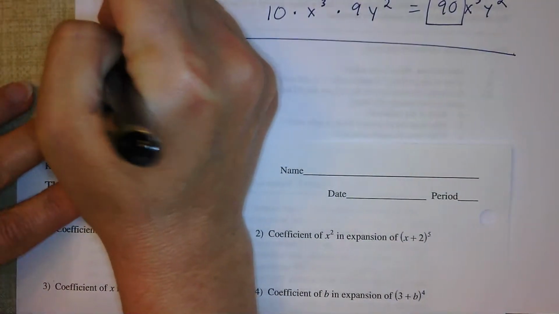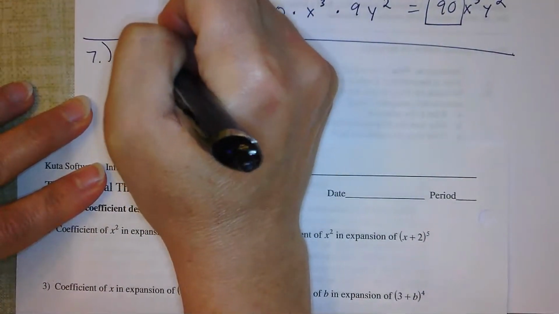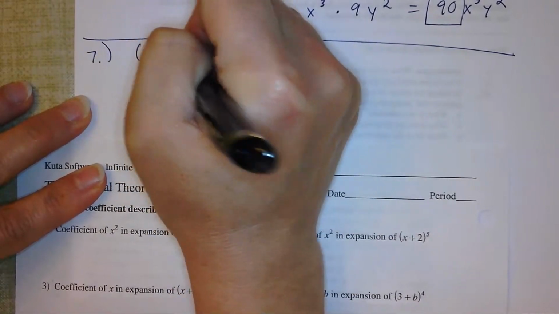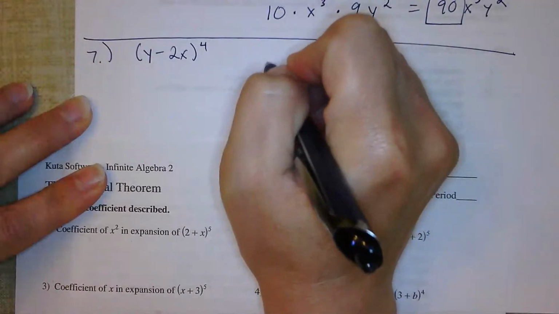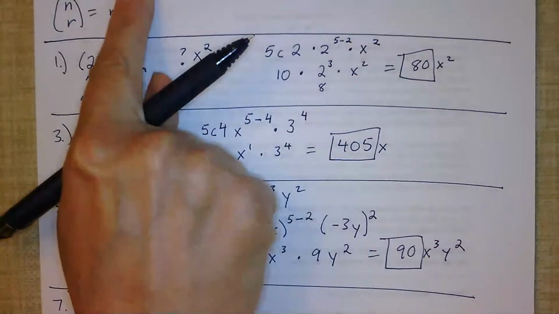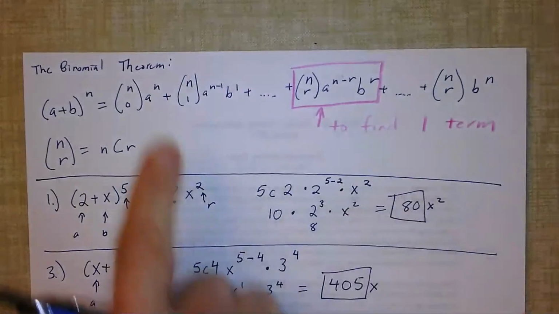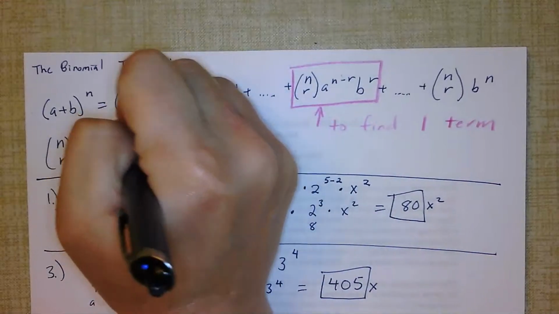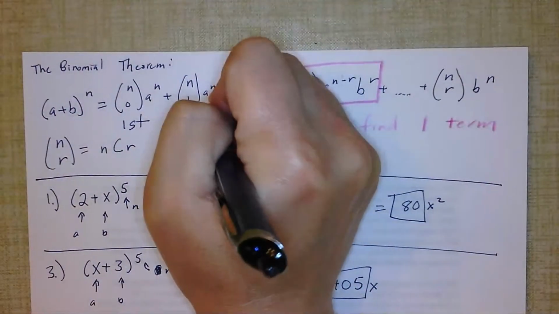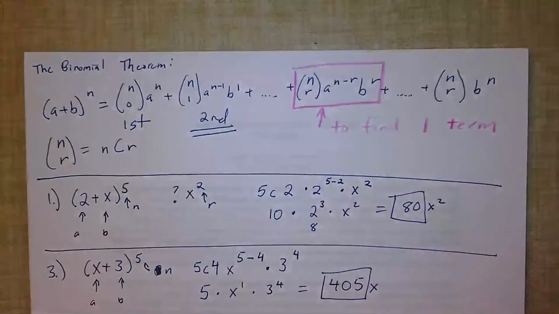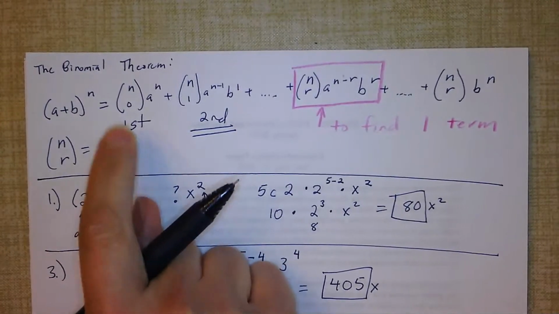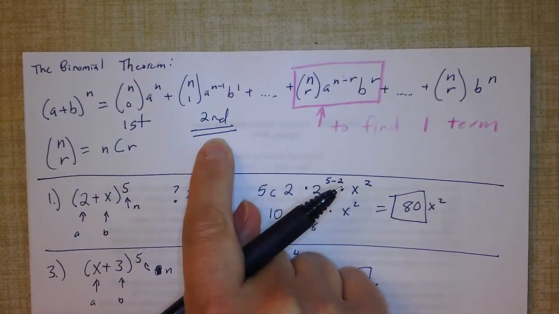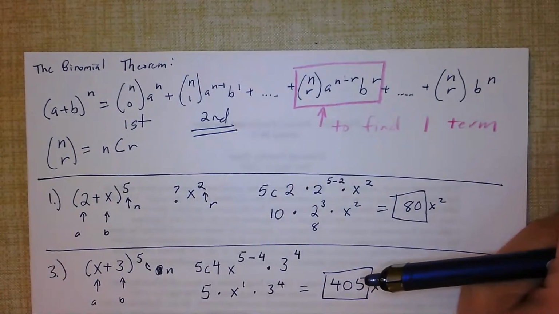So this is number 7, and we are looking for the second term of y minus 2x to the fourth power. Now, to be clear, when I set this up, this is the first term, this is the second. In the video, they called this the 0th term, but really this is the first term, and this is the second term, and so on and so forth.